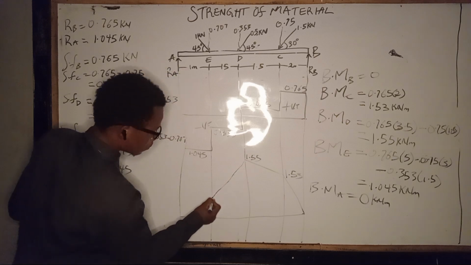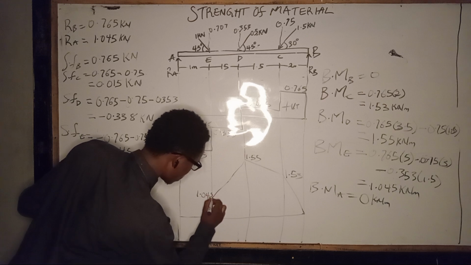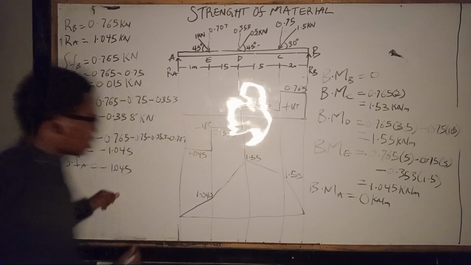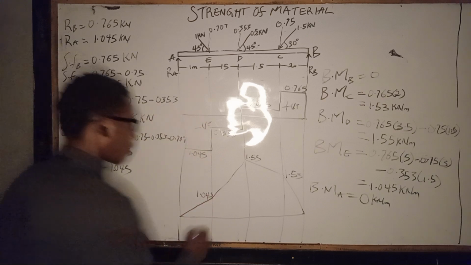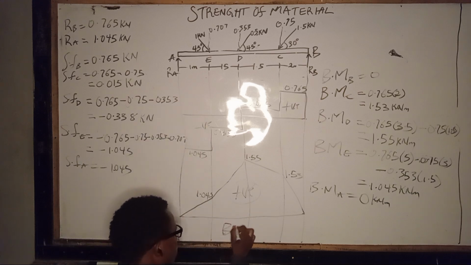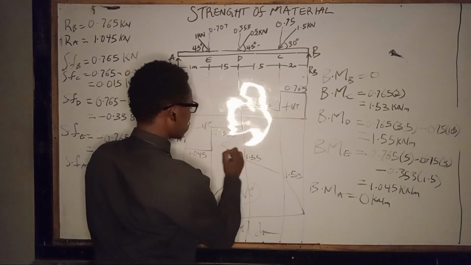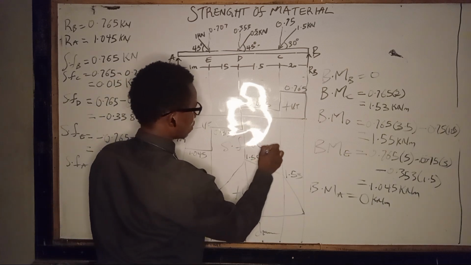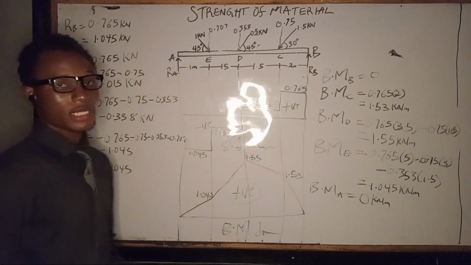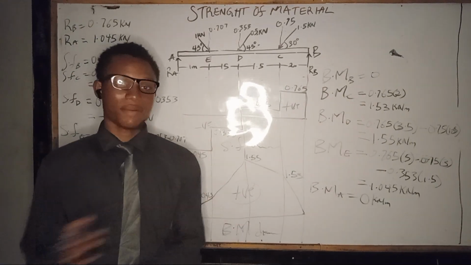We have this at 1.045. And our bending moment here is expected to be 0. So this is our bending moment diagram. This is positive here. Our bending moment diagram and our shearing force diagram for loads that are tilted at a particular angle.